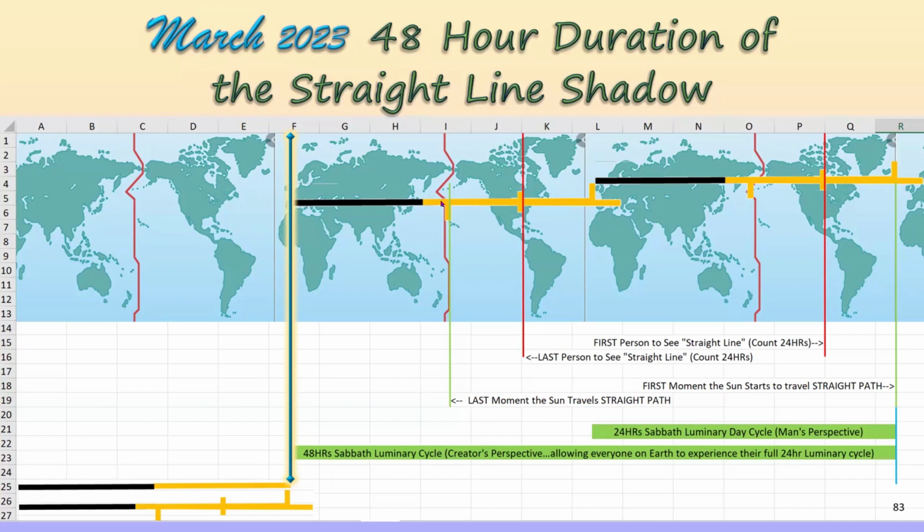So back to the people who might live next to the Creator's international dateline. They were wondering, well, should I pick this day or the day before or the day after? The reality is, the Creator's going to be there for both days.